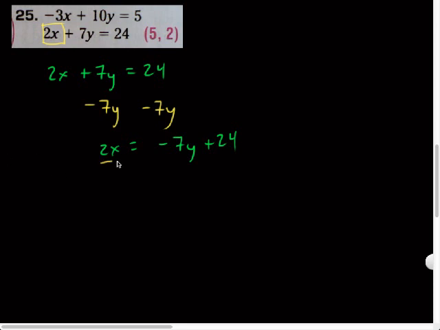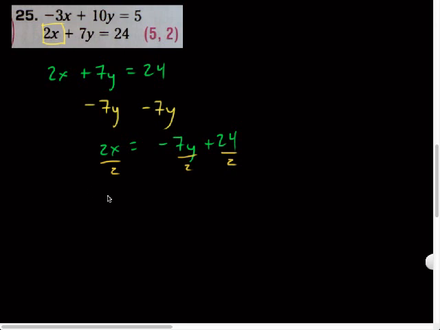And then divide both sides by 2, right? And notice the fact that the coefficient existed forces me to have a divide step, and what does division do? It potentially creates fractions out of things. So that's why we avoid the variables that have coefficients other than 1 or negative 1 as much as possible.